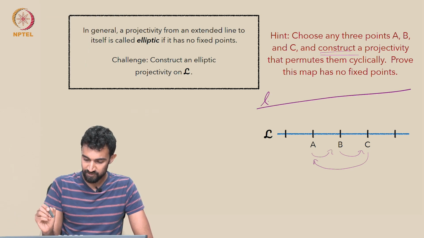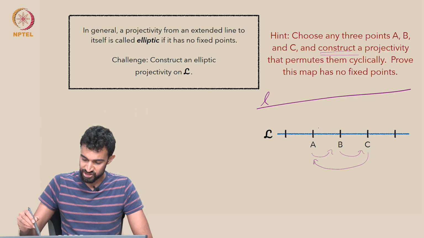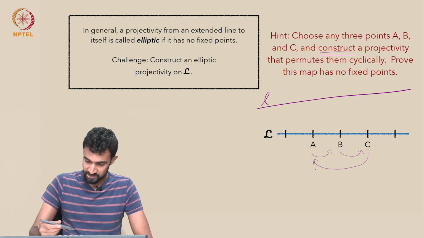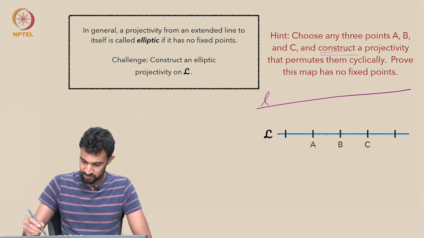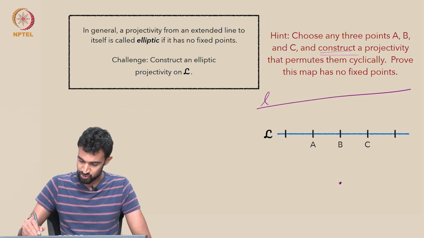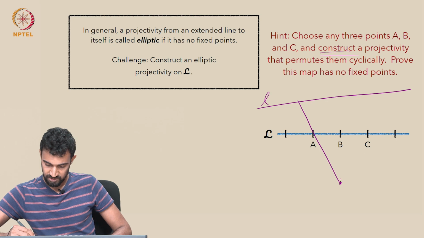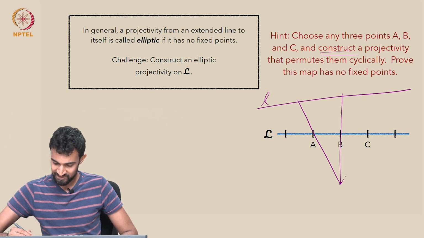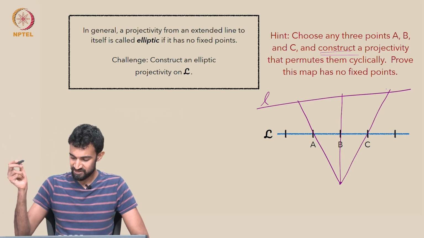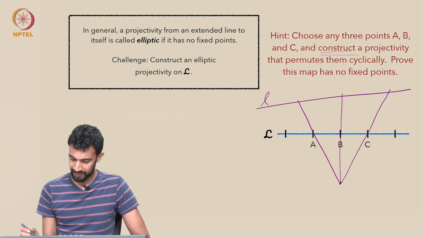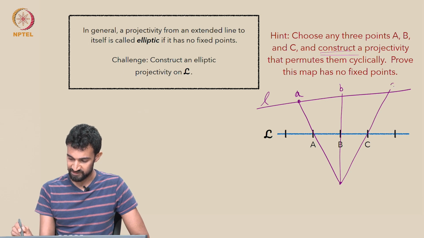Let's call it little l. We can choose any center of perspectivity we want, and project over here, and that'll give us little a, little b, and little c.